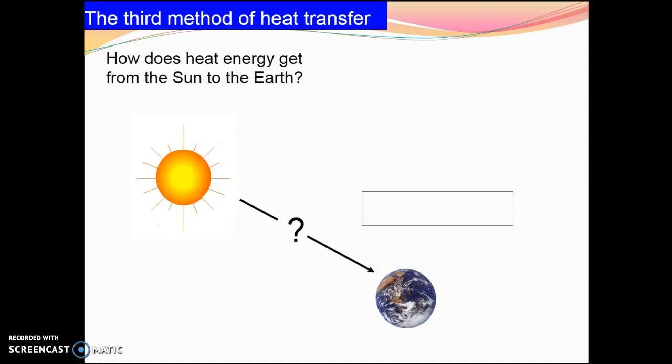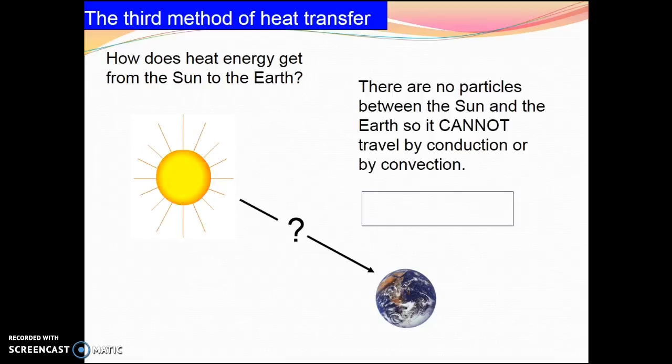Last but not least is radiation. Radiation is going to be a method of energy transfer that does not need a medium, so it doesn't need a solid, a liquid, or a gas. The sun is the best example of radiation. It's how the earth is heated.